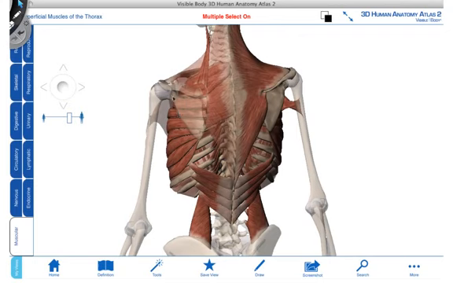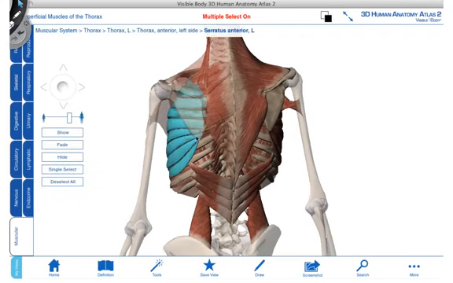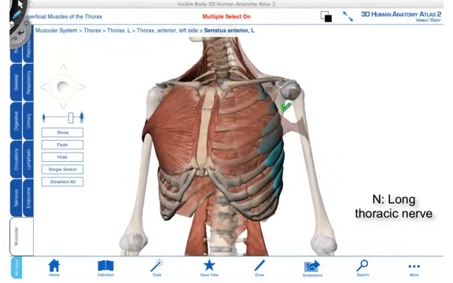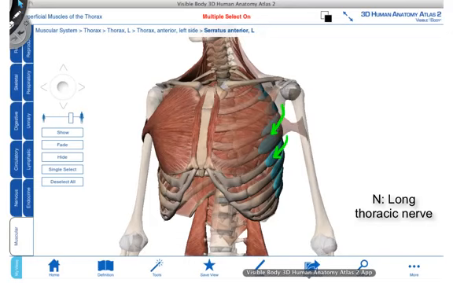Now that the scapula has been faded away, now we can see that serratus anterior goes all the way over towards its medial border. This particular muscle, when concentrically contracting, we think of it pulling towards the origin this way. It's going to help protract the scapula or move the scapula away from the midline of the body. It can also produce upward rotation of the scapula and is very important in helping to hold the scapula onto the thoracic wall.